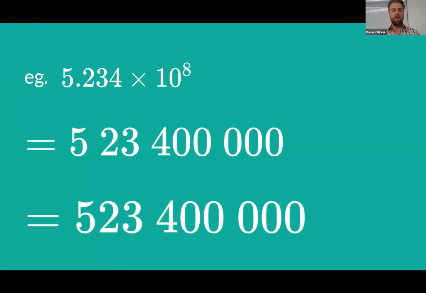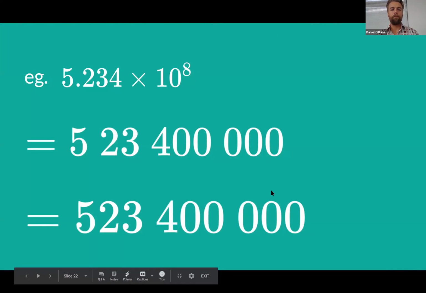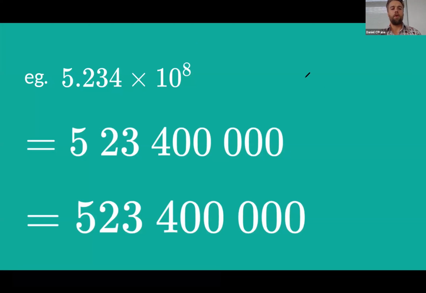So if I look at this example now, I'll just annotate again. 5.234 times 10 to the power of 8. What I'm doing is with this decimal, I'm jumping it forward 5, 6, 7, 8 times.